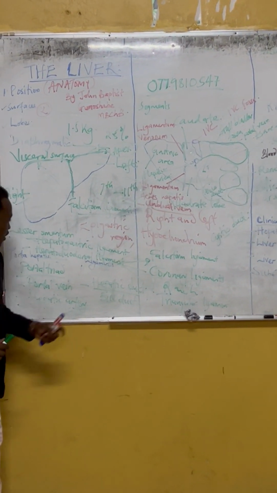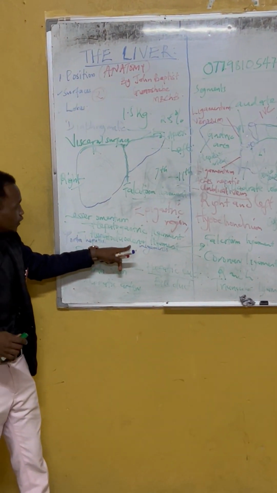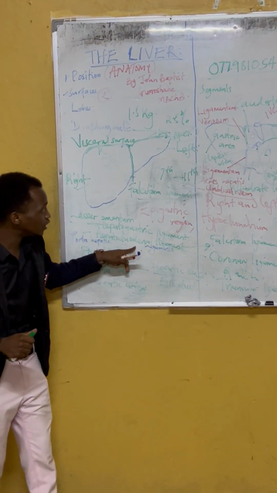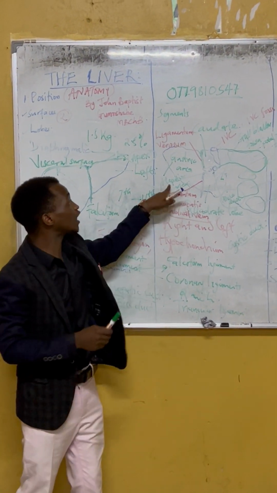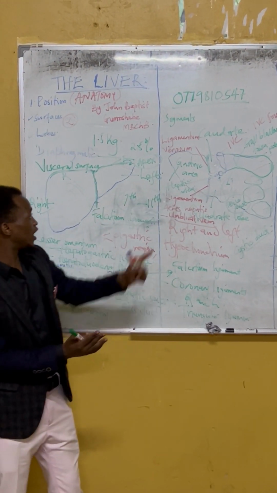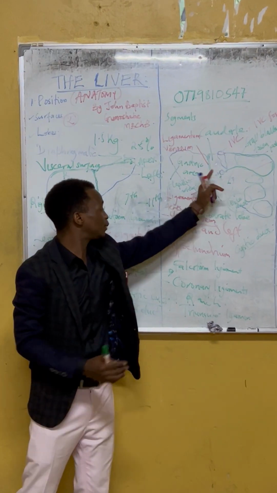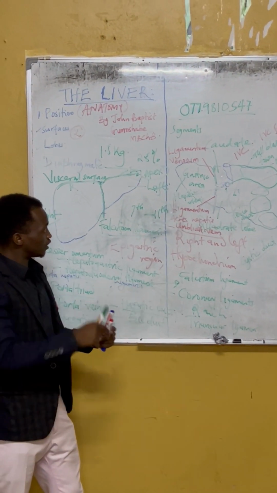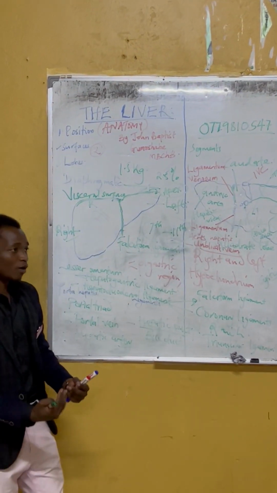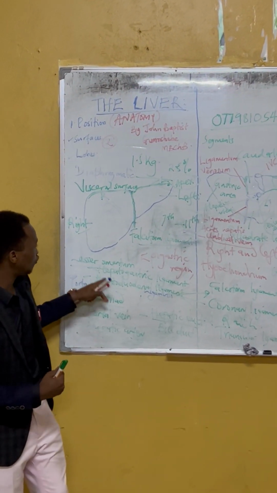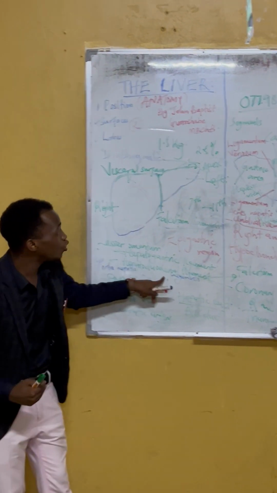It is in this hepatoduodenal ligament that we find the hepatic artery passing, and the hepatic artery can just traverse it. Then the portal vein will move along this hepatoduodenal ligament.